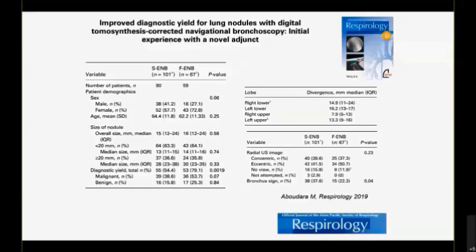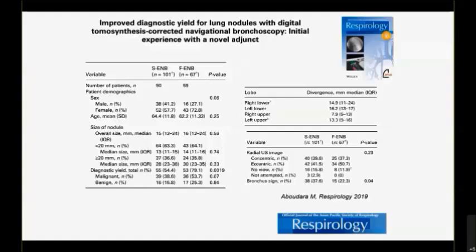Now, there are a few fewer nodules in the second phase, primarily because we had 2 towers at that point, one that could accommodate fluoroscopic navigation and the other that couldn't. And so we only looked at the cases where fluoroscopic navigation technology was available. If you look at the size of these nodules, these were tiny nodules, about 15 millimeter, 16 millimeter, the same size before and after.